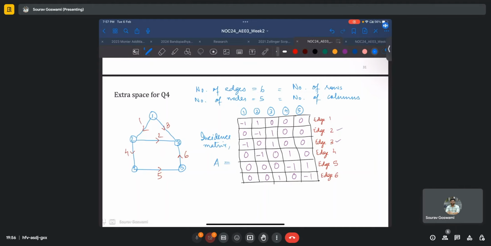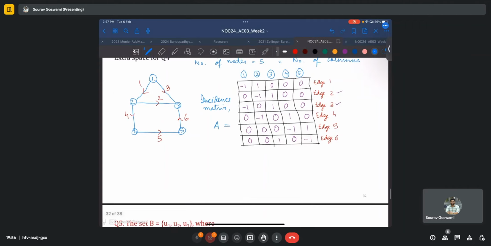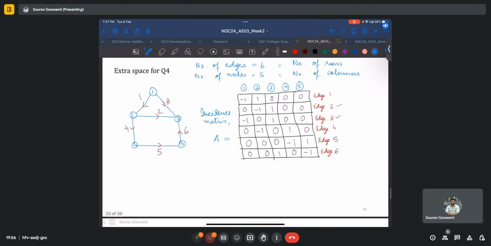This was rather straightforward to find, but we should take a moment to think about what this matrix actually signifies. Say I put it as a system AX equals 0, just for the simplest case, a homogeneous system where A is this matrix.